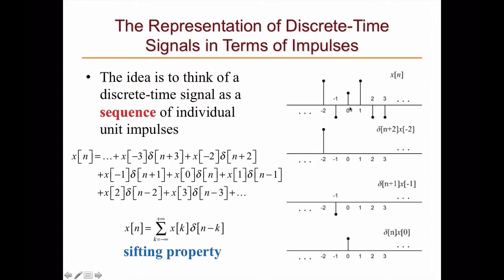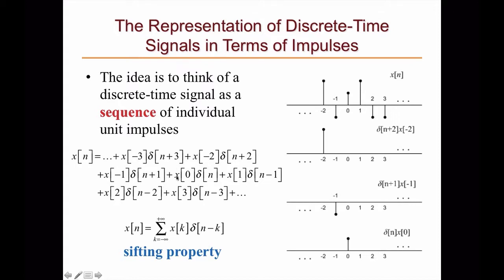And this stem is delta[n] times x[0]. So the original signal is actually the combination of small impulses, small samples. We can write it mathematically as x[n] = x[-3]delta[n+3] + x[-2]delta[n+2] + x[-1]delta[n+1].